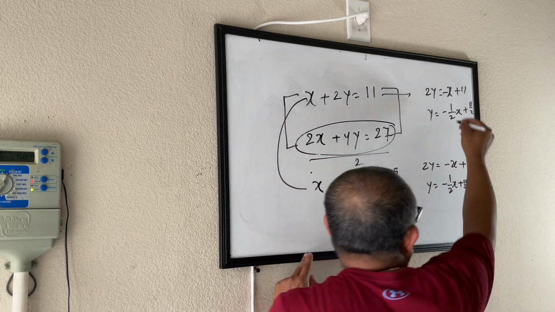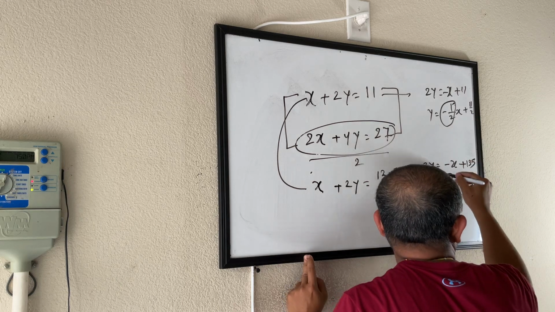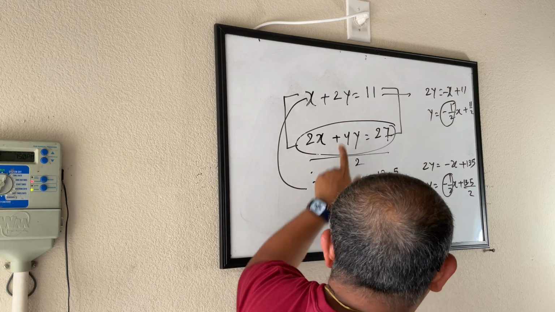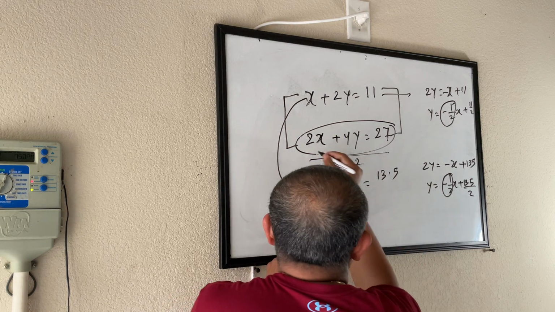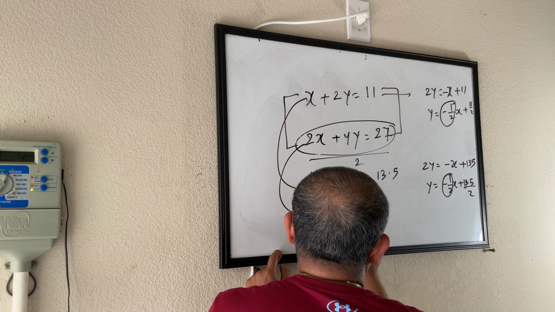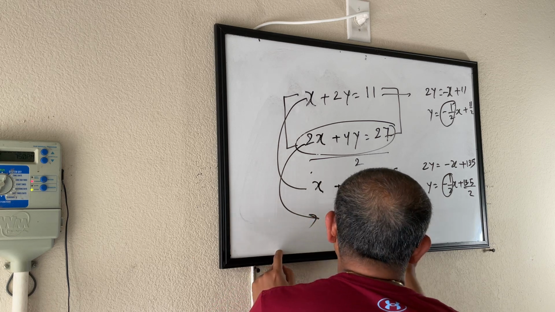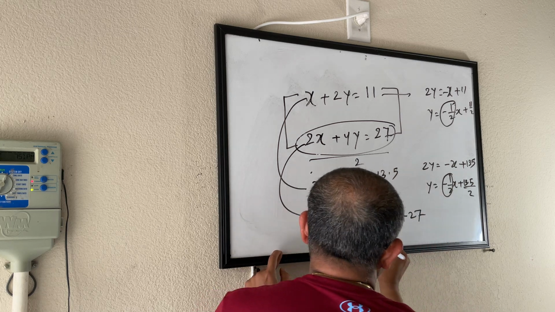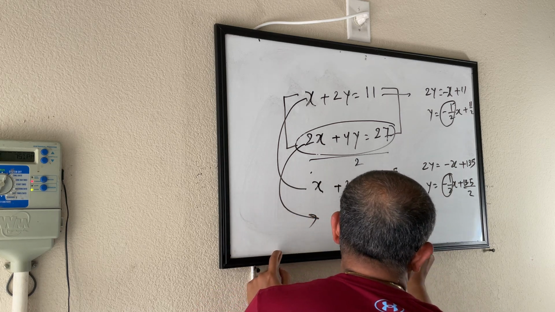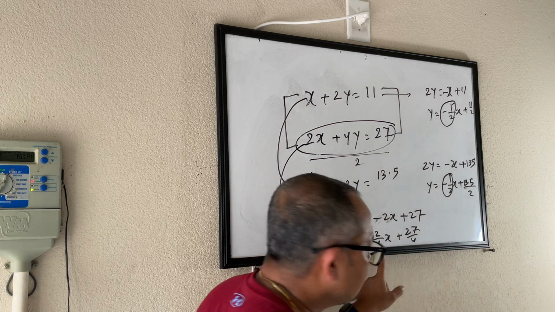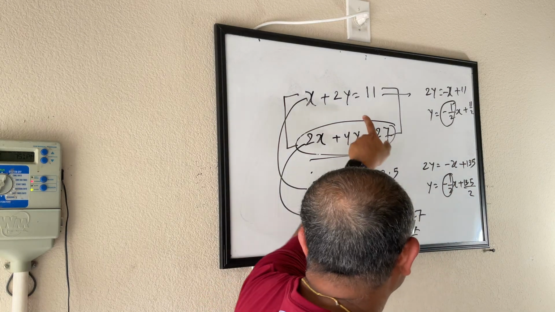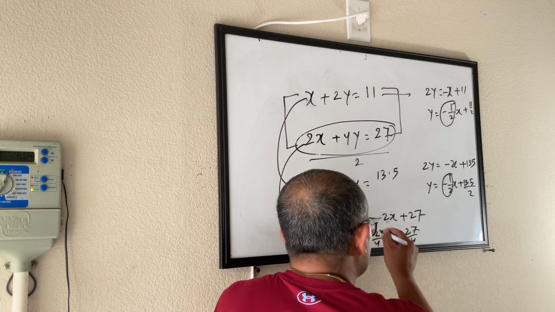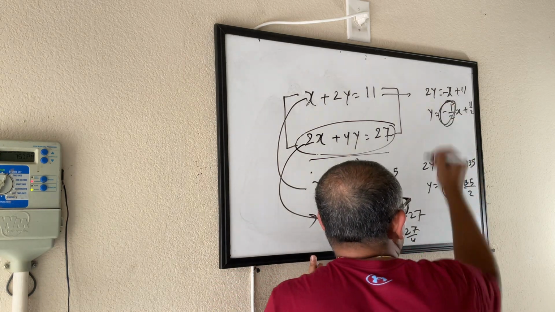So essentially here and here your slopes are the same. Even if you don't divide it, you can see it this way: 4y equal to minus 2x plus 27, so y equals minus 2 over 4x plus 27 over 4. Same thing actually. Whether you simplify this equation or simply derive the slope, you will see that the slopes are matching.